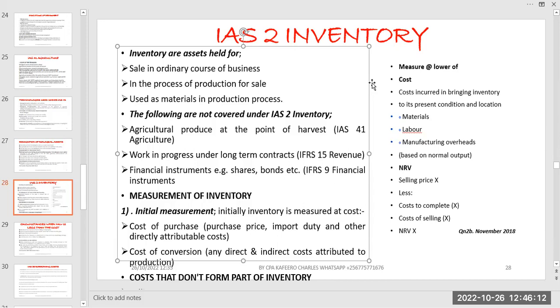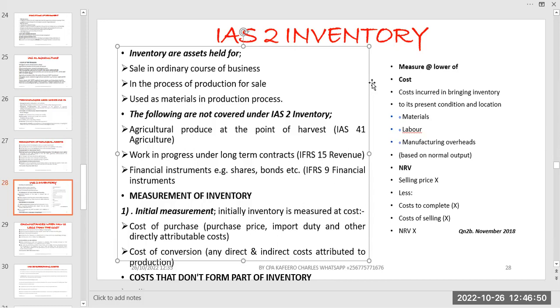We store those unfinished items before the production resumes. So when the production resumes, at least we pick those items where we stocked them, and we start reproducing them, or we complete the process. So that storage cost we incur on work in progress. I'm not talking about the storage cost we incur in storing raw materials. Of course, that one we are going to see under the costs that are not associated with our stock.